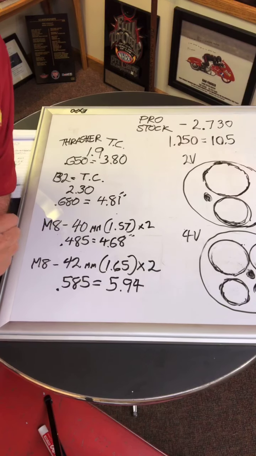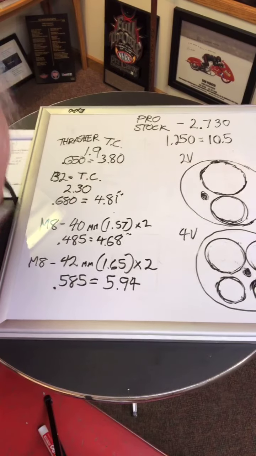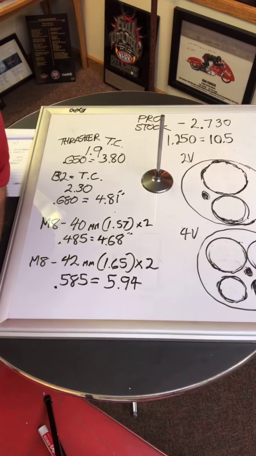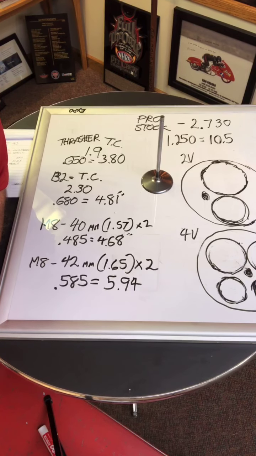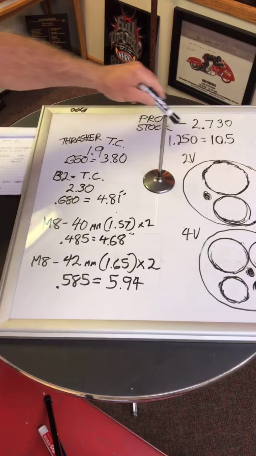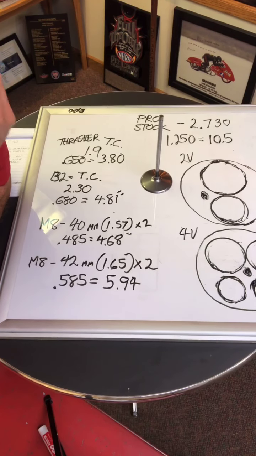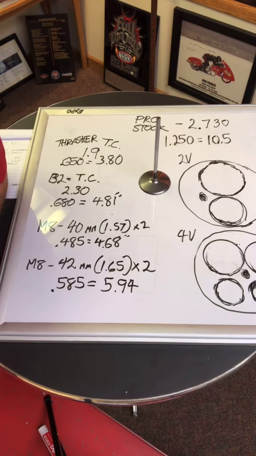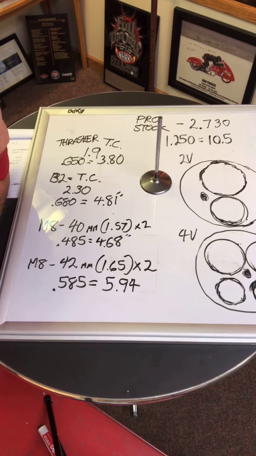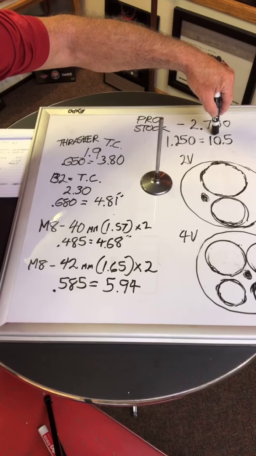Now if you'll look up here, you can see the Pro Stock with this really big valve that we used in the 160 cubic inch S&S and HRA engines. We had a 1.25 lift. That's like a 600 lobe with a 2-to-1 rock arm. 10.5 inches of curtain area.